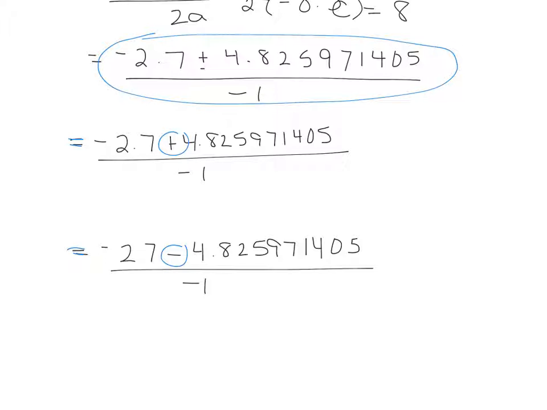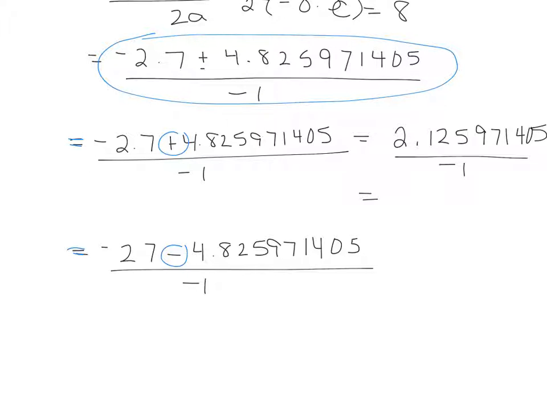So when we do negative 2.7 plus 4.825971405, we get 2.125971405.